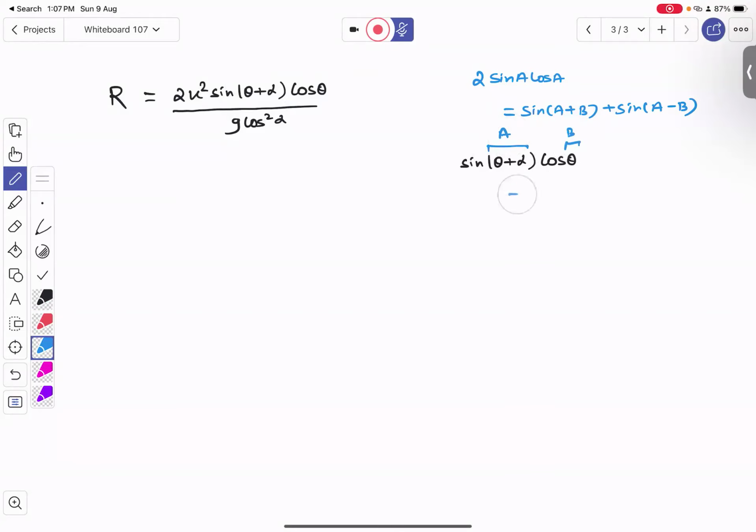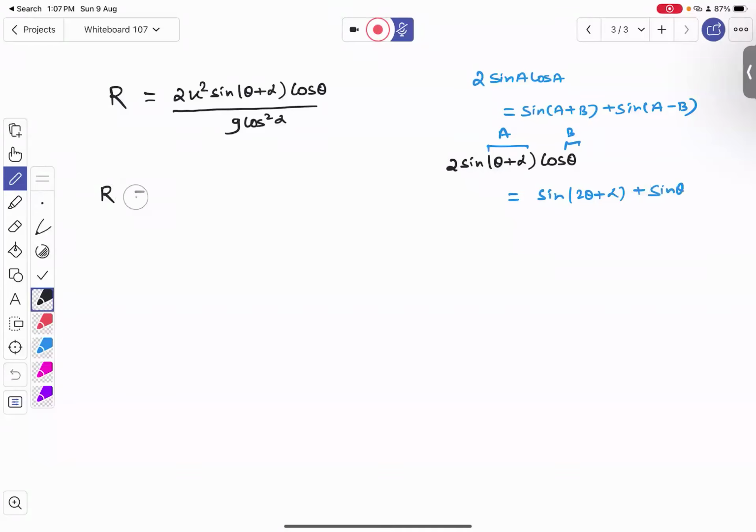So what is it going to become? Sine theta plus alpha plus theta, so 2 theta plus alpha. Sine theta plus alpha minus theta, that will be plus sine alpha. So another way to write this: I have written 2 sine theta plus alpha into cos theta like that.